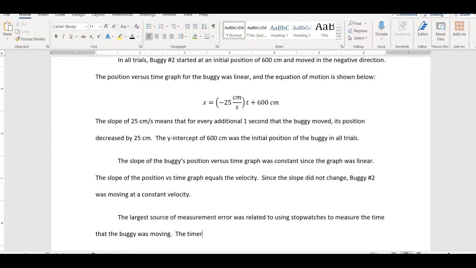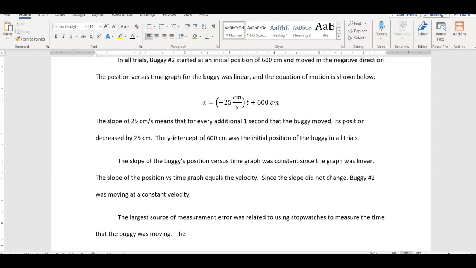The timer, or let's see, how do we want to word it? Oh no, I don't like that wording.